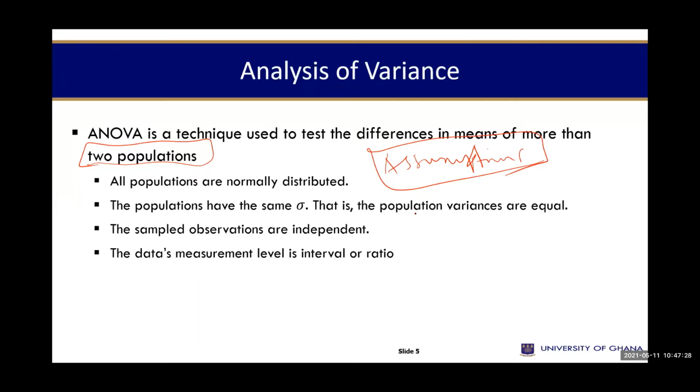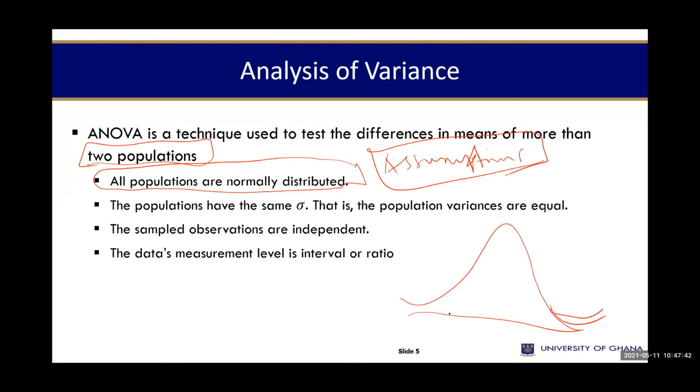So for ANOVA, the first thing is that the data should be normally distributed. By now, we should all understand what normally distributed means. Remember, in the normal distribution curve, data can range in a continuum.